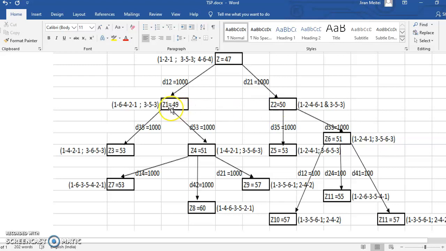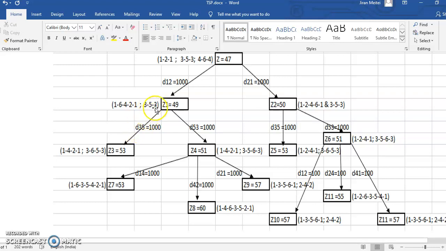I've divided this subproblem into further branches, subproblem number 3 and subproblem number 4, on the basis of the subtour 3-5-5-3. Why have I selected this subtour? Because this subtour has a lesser number of connections.